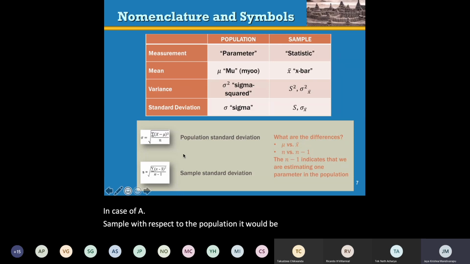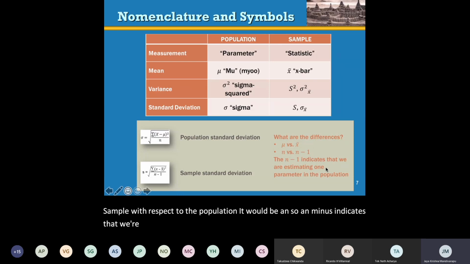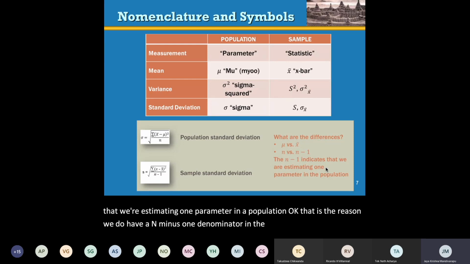The n minus 1 indicates that we are estimating one parameter in the population. That is the reason we have an n minus 1 denominator in the sample standard deviation compared to the actual population standard deviation.